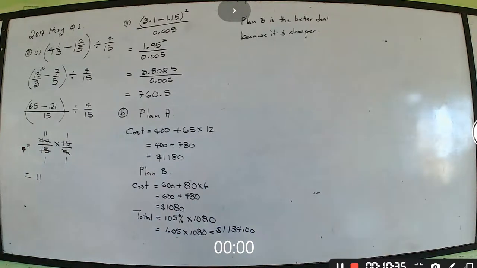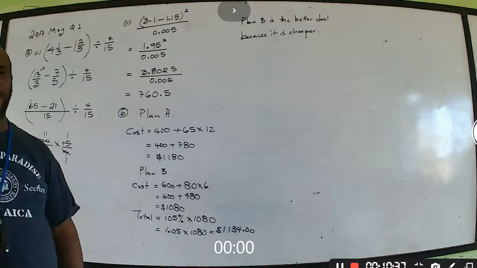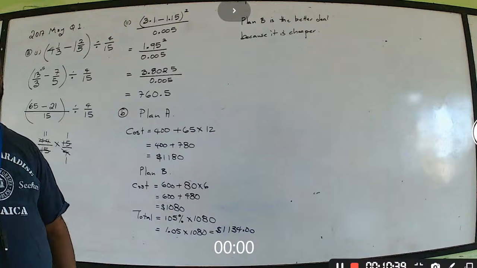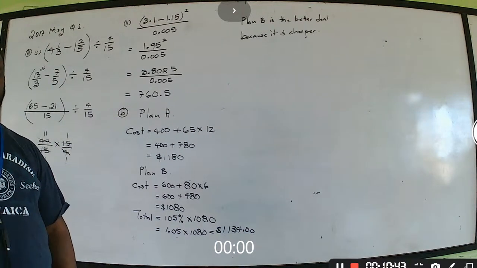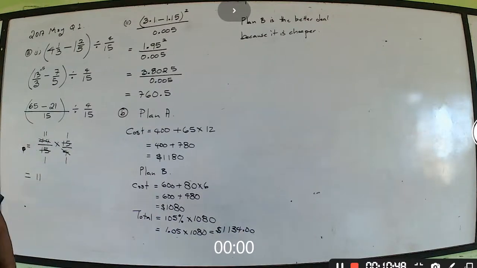For you it depends on the individual. But in this case, from a mathematical perspective, I would say it's only because it is cheaper. No other reason, because besides that, the two phones are exactly the same. Alright, next.